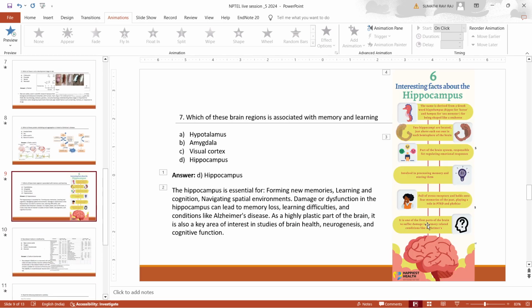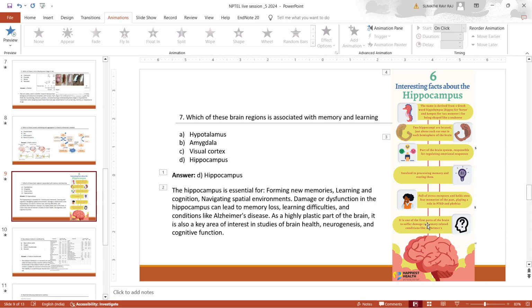Here next is again your hippocampus. Which of these brain regions is associated with memory and learning? It's your hippocampus, and the name is from Greek, meaning horse of sea, like seahorse, because it looks like a seahorse.